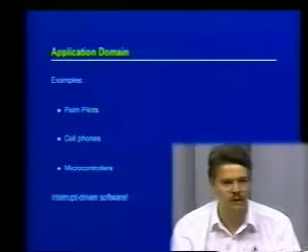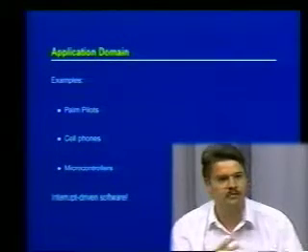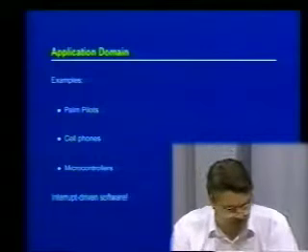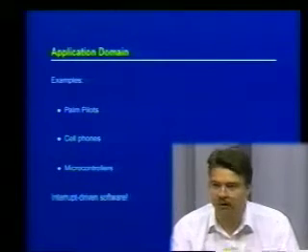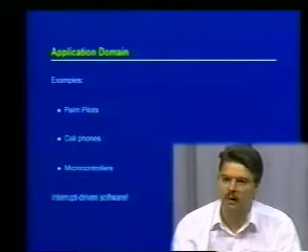When you look at these applications, both in the Palm Pilot and in many of the cell phones, the processors we looked at are one of the Motorola 68000 family processors. For example, in the Palm Pilot, there's a Dragon Ball processor, which is a Motorola 68328, something like that. And there are variations of this. One of the things that makes life interesting here is it's not just one interrupt we're talking about.